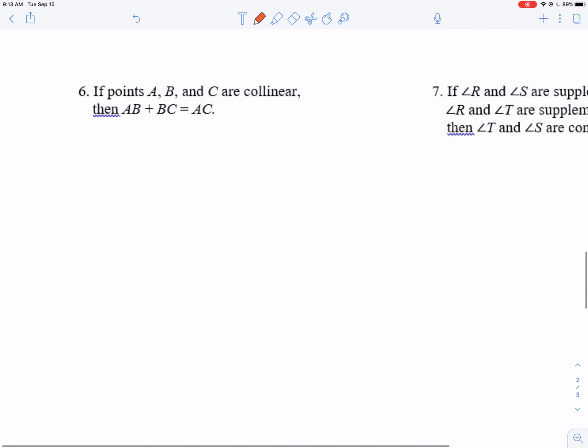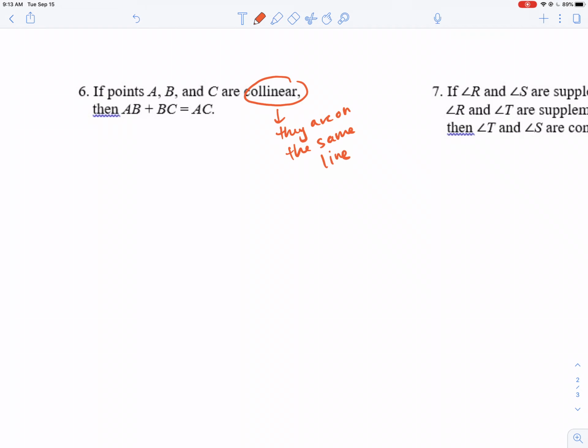So number 6, if A, B, and C are collinear, if you remember from this, it means that they are on the same line, then it's saying that AB plus BC equals AC.